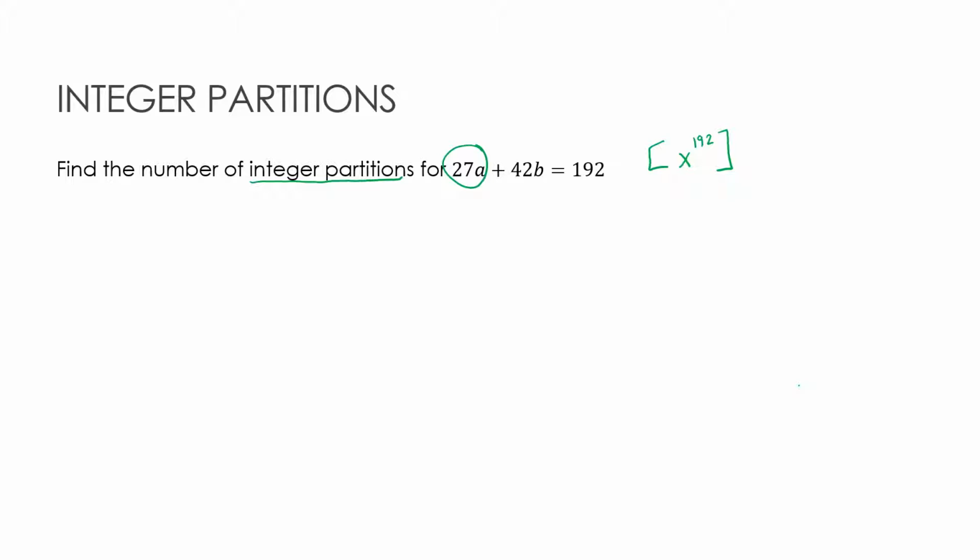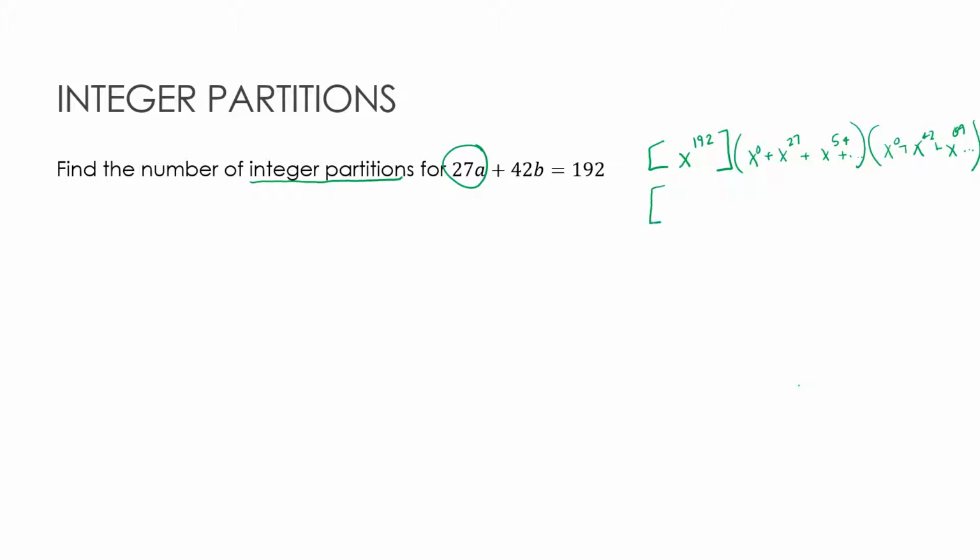Well, I can write this out as x to the 0 plus x to the 27 plus x to the 54, etc., plus dot dot dot. For 42, it would be x to the 0, x to the 42, x to the 84, dot dot dot.